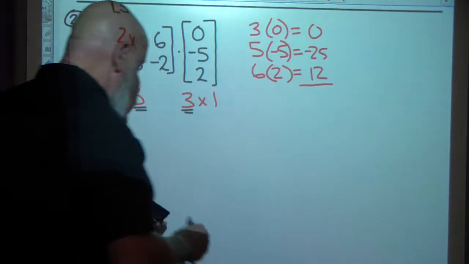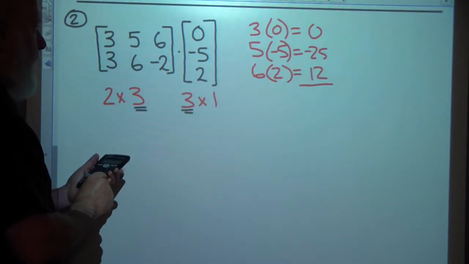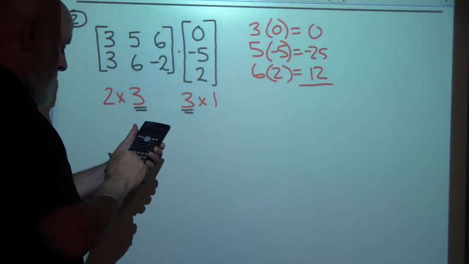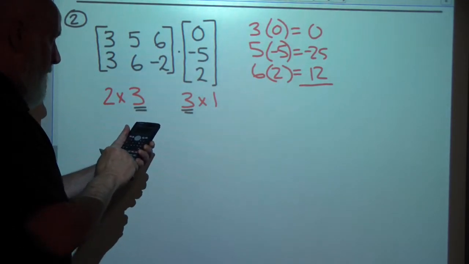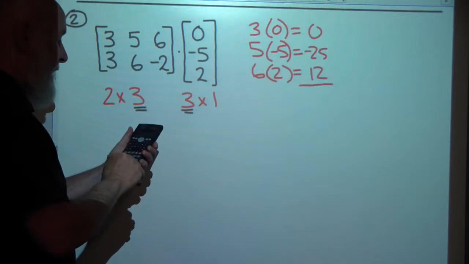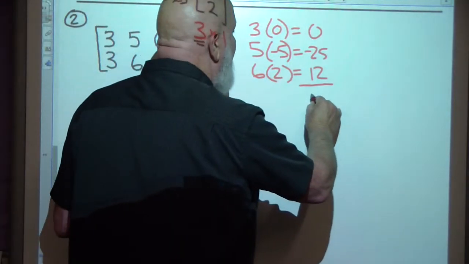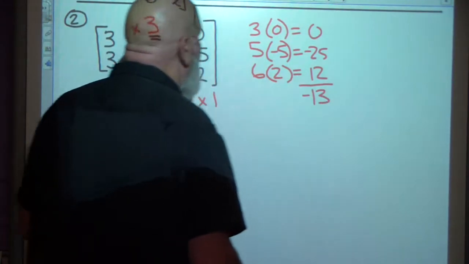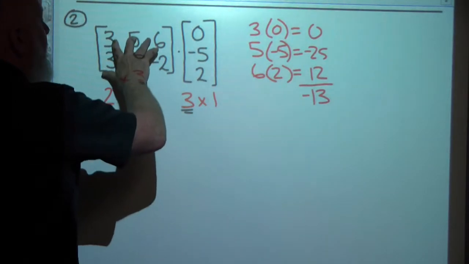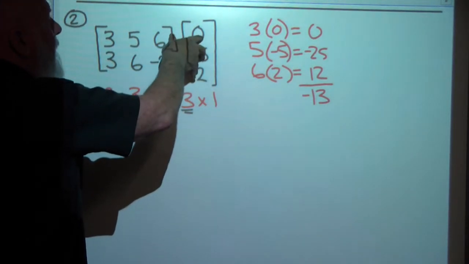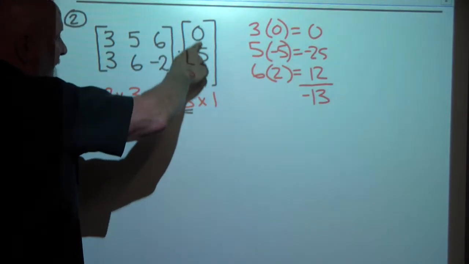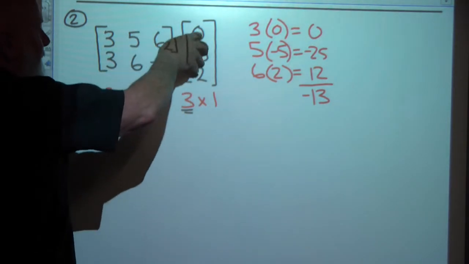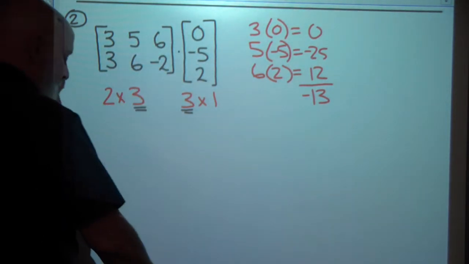And I'll add these together. And that's negative 13, of course. So that was top. And there's only 1 column there, so it's the top, and this will be the bottom.